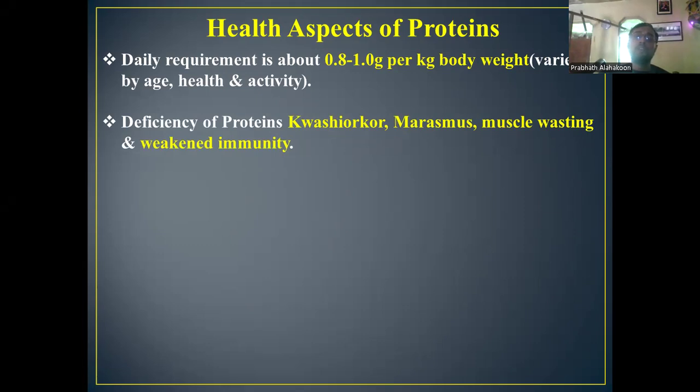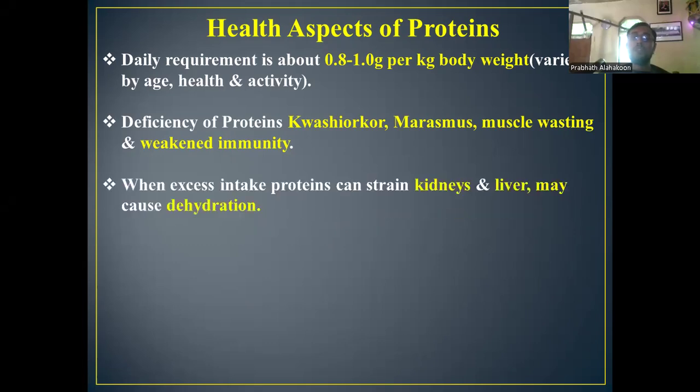Examples are kwashiorkor, marasmus, muscle wasting, and weakened immunity. When intake is in excess, proteins can strain the kidney and liver, and may cause dehydration.